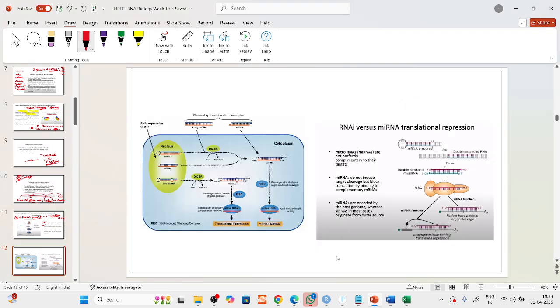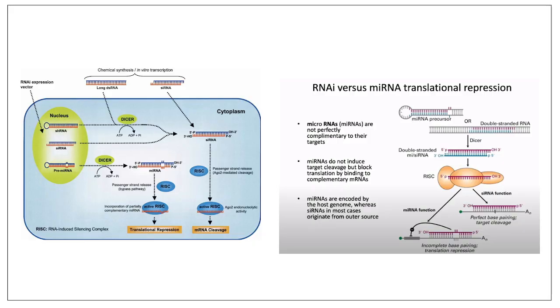Then, this is just a quick reminder. I'll put it in the slideshow. siRNA and miRNA have similar functions. Pre-miRNA is acted upon by Dicer. Then one strand is the passenger strand, and there is a template strand.